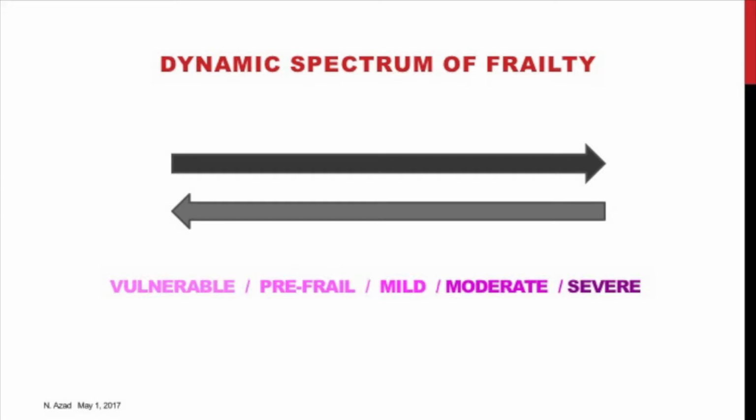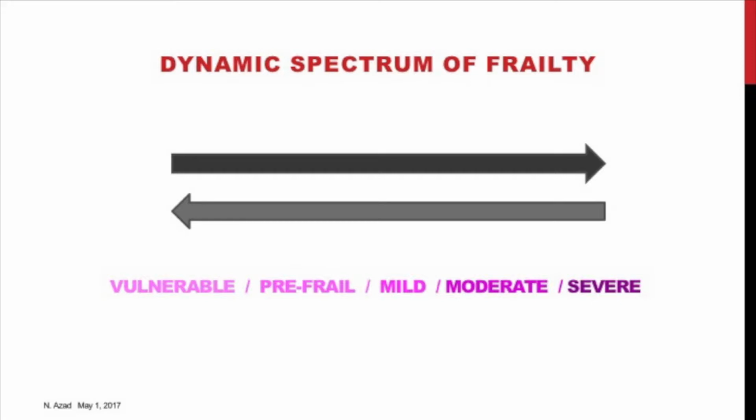Our role is to recognize that many of these aspects of frailty are reversible. If their baseline was pre-frail, and now in our assessment they are mildly or moderately frail, there are things we can do to bring them back to their pre-frail state. So appreciating this dynamic spectrum is important even for our management.